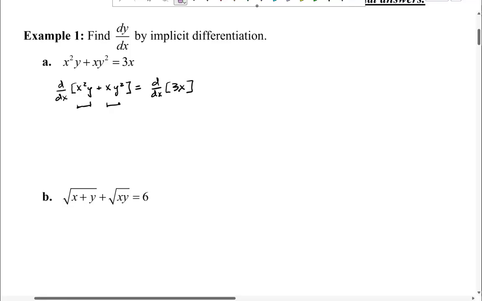So we're going to have to use the product rule. So we're going to get the first function right there times the derivative of the second function, which is going to give us dy/dx, plus the second function times the derivative of x squared with respect to x is 2x. So that right there gives us this derivative right here.